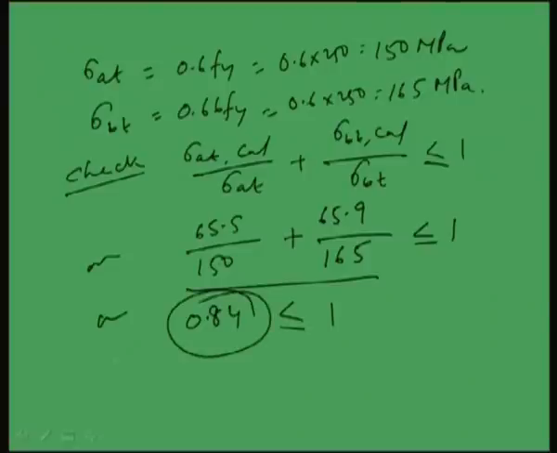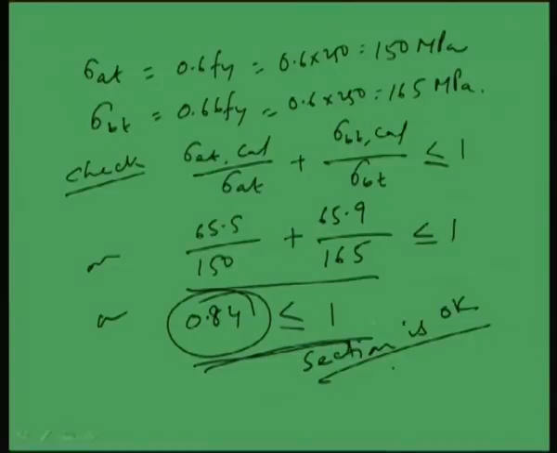That means this value is coming less than 1. That means the section is okay. That means the section whatever you have considered is completely okay. Now to make it more economical, we can reduce the size of the section one step below, then you can check whether it is okay or not, right.